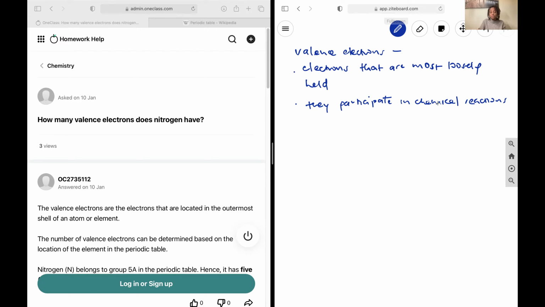In order to start involving core electrons, that would require high energy because they're closer to the nucleus, therefore they're experiencing more of a pull than the valence electrons, which are least attracted to the nucleus because they're the ones that are furthest out. And because they're the most loosely held, that means that they are on the outermost shell.